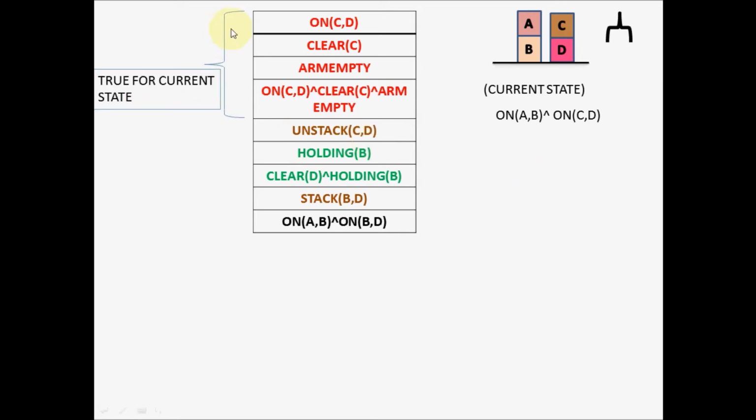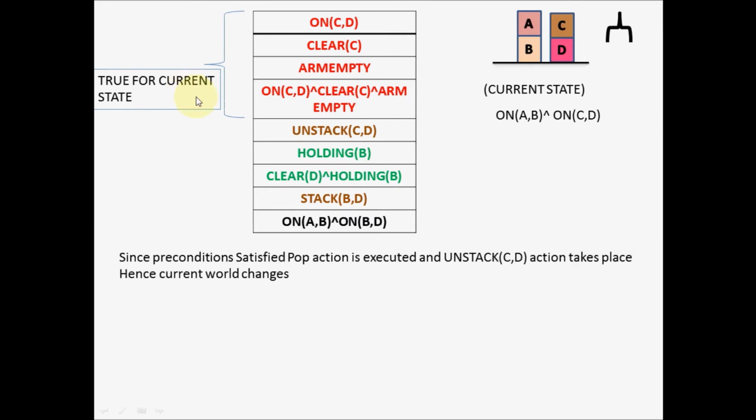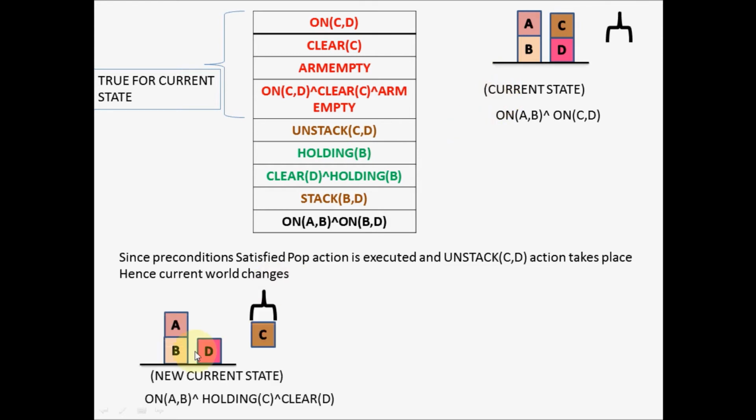So all these are true with respect to the current state. Since the preconditions are satisfied, the action is executed and the unstack C comma D action takes place, hence the current world changes. How will the current world look after unstack C comma D is executed? It will look like this.